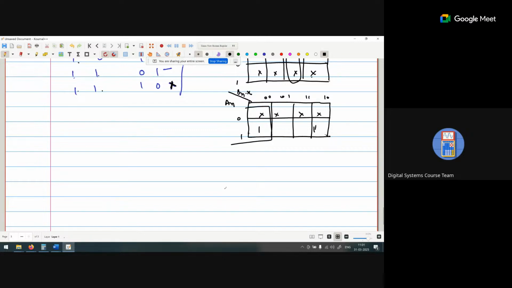Create a group of these. So K is nothing but X bar.